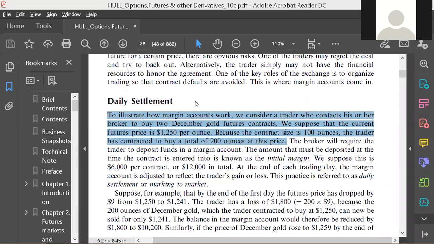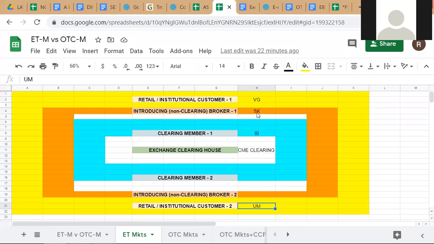Okay, so I'll just wrap it up here very quickly. So that's how it's going to happen. Every day's gains and losses are going to be settled, not the futures contract itself, but the gains and losses on the futures contract will be settled by forcing the loser to deposit into the CME clearing account through the broker clearing member.